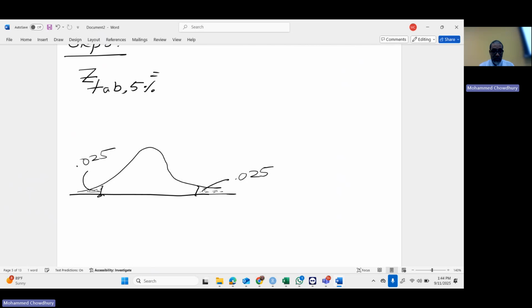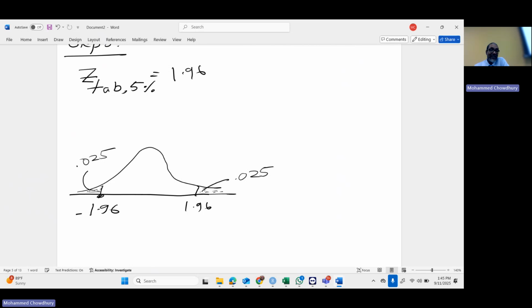And this value is 1.96, that I showed before. So this is my negative and this is the positive 1.96. This is my calculated value.